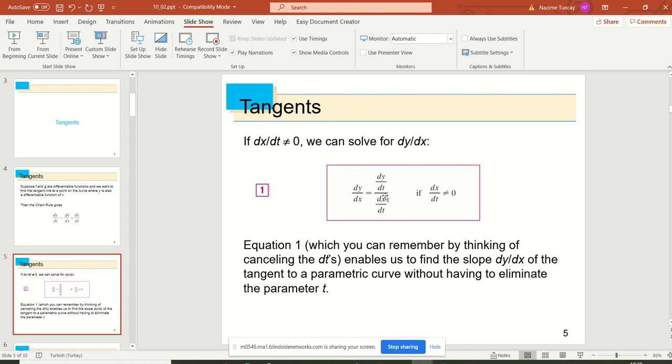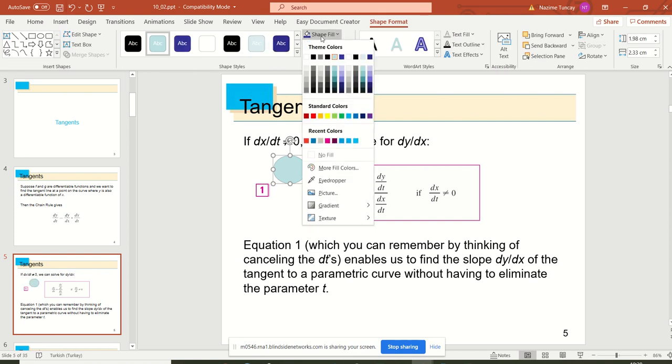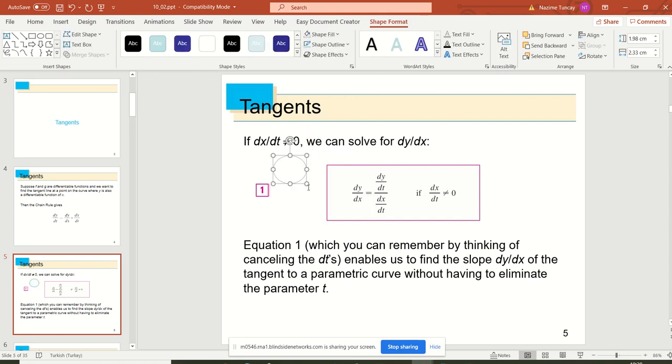Here when we turn this division, we have two parts here. This is dy over dt and this is dx over dt. So when you multiply it, you reverse it.